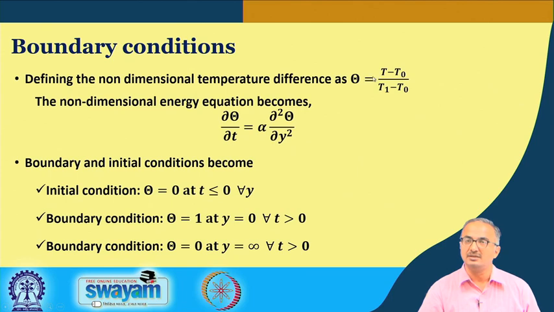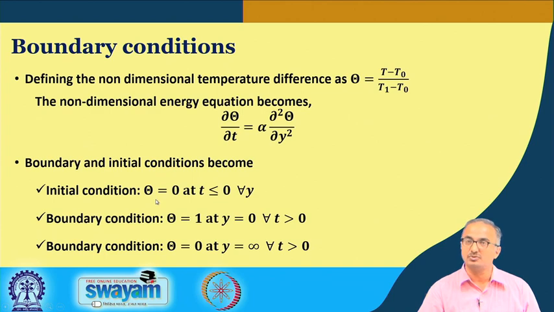With this definition we again put it in our parent equation, and we have this particular equation, and here we are writing the initial condition and boundary conditions like this: initially theta equals 0 because T equals T naught.